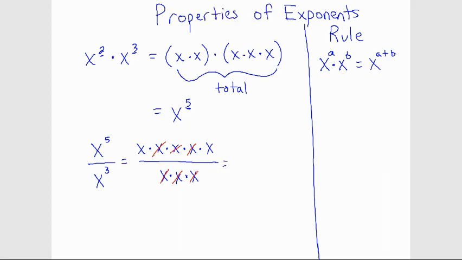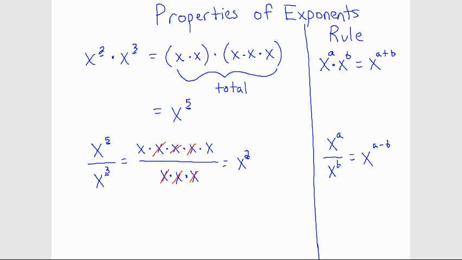I just have x squared in the numerator. And now I can notice that 2 is equal to 5 minus 3. So this leaves us with a rule that x to the power of a divided by x to the power of b equals x to the power of a minus b.